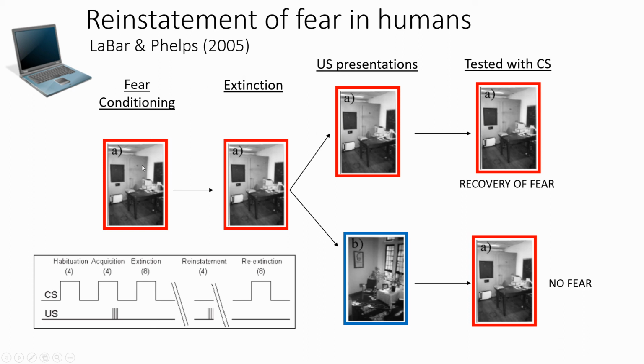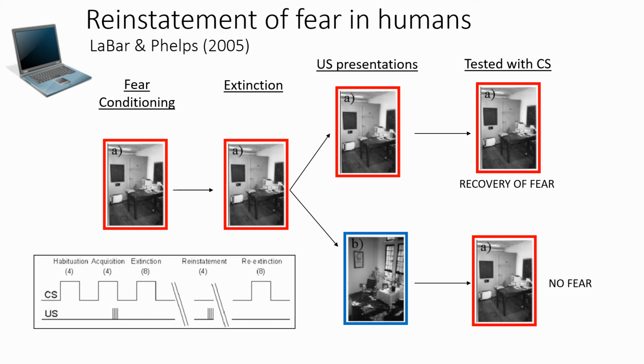But in the group that stayed in room A, so even though they were taught here that room A is safe, the exposure to that unconditioned stimulus again in that same space showed them that maybe it isn't as safe as you thought, and we see recovery of fear, where when they have that conditioned stimulus shown to them in this room, because of this presentation of the unconditioned stimulus in that same room, they showed a fear response. So just seeing that square again made them show an increase in skin conductance.